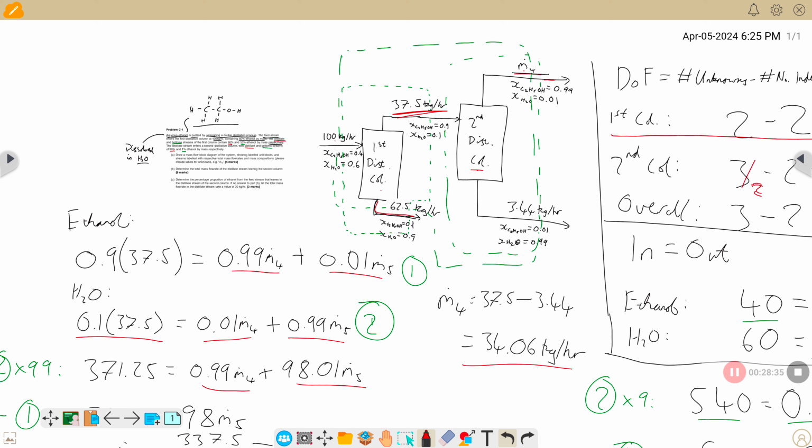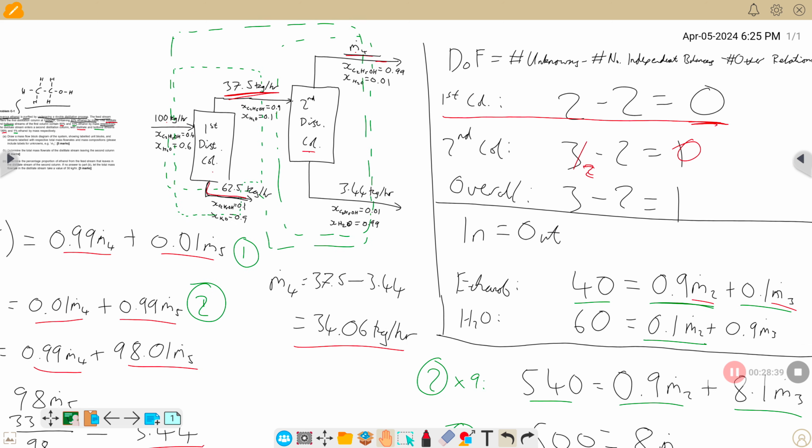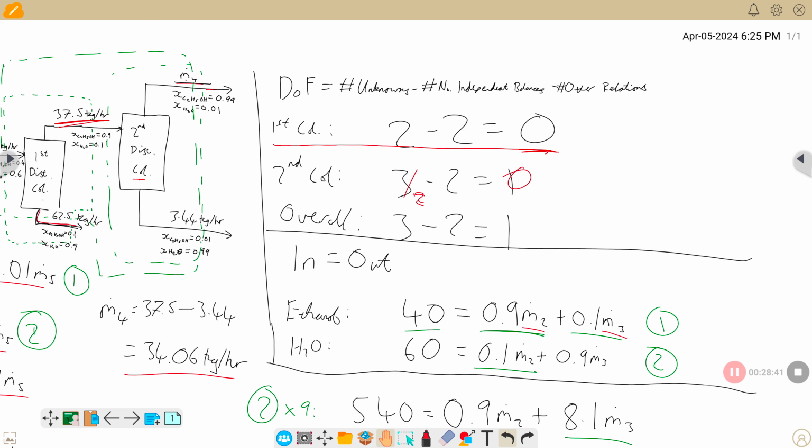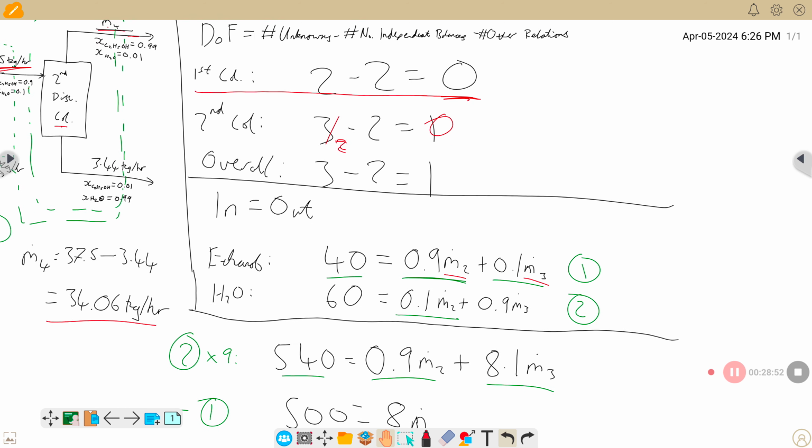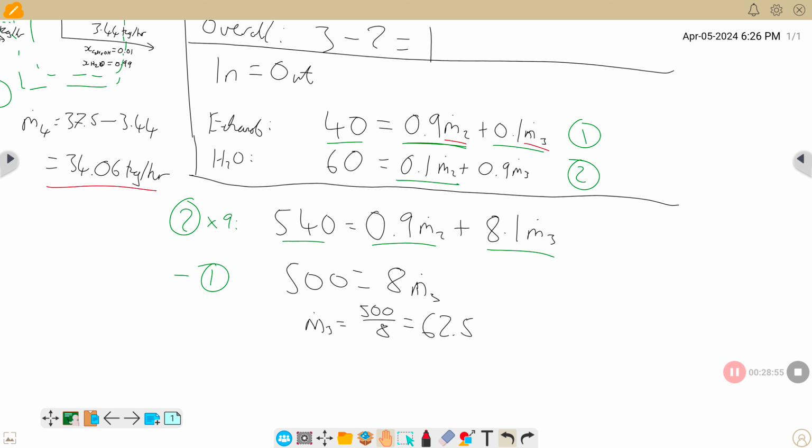Just to kind of recap what we've done, we started off by carrying out a degrees of freedom analysis to see what was solvable and what wasn't. We discovered that the first column was solvable, so we carried out mass balances on our first column, which gave us these equations here, and then using simple elimination, we determined the values of our mass flow rates.